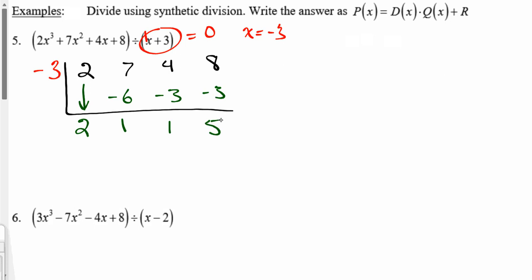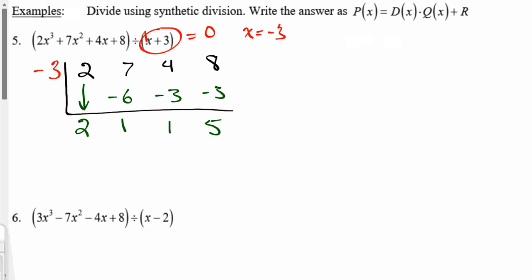Before you write anything down, look at these numbers, and then look at the previous page, the answer for number 3. How are they similar? Who can tell me? Yes.